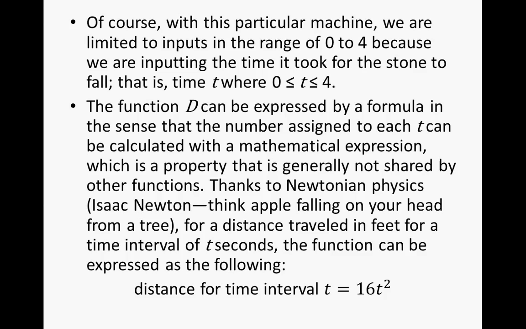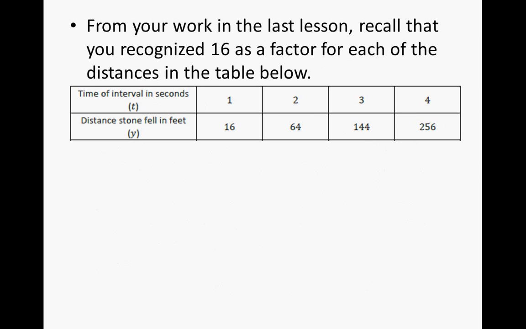Distance for the time interval t is equal to 16 times t squared. From your work in the last lesson, recall that you recognized 16 as a factor for each of the distances in the table below. So for 1 second, it was 16 feet. For 2 seconds, it was 64. 3 seconds was 144. And 4 seconds was 256.